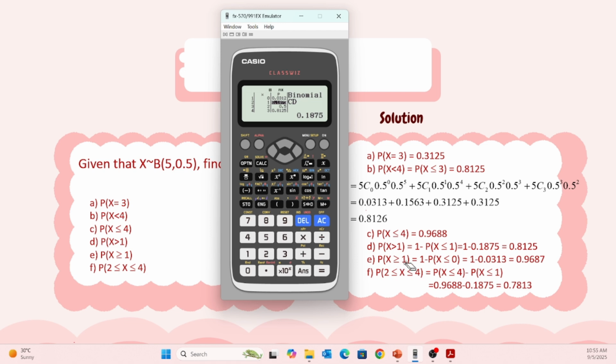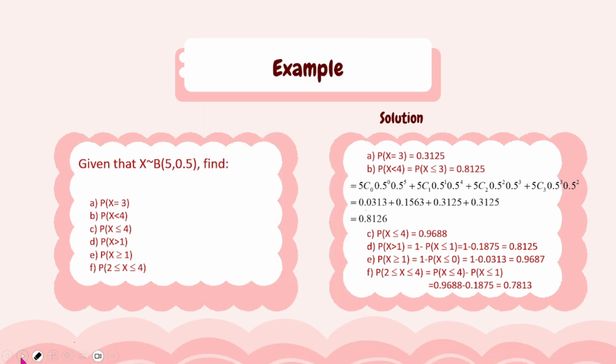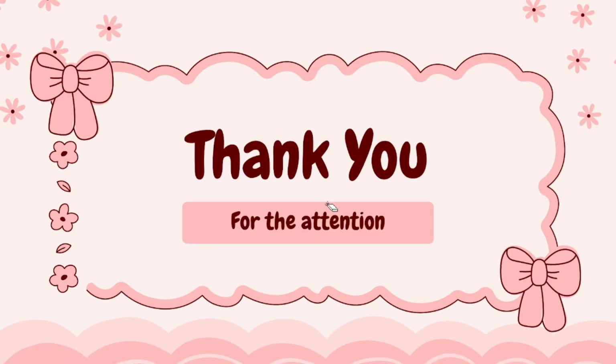X greater than or equal to 1 means 1, 2, 3, 4, 5, so it will be equal to 1 minus probability of x less than or equal to 0, this value, 0.0313. Then 2 to 4: this is F4, 0.9688, minus probability of x less than or equal to 1 here, 0.1875. So with this, thank you for your attention.